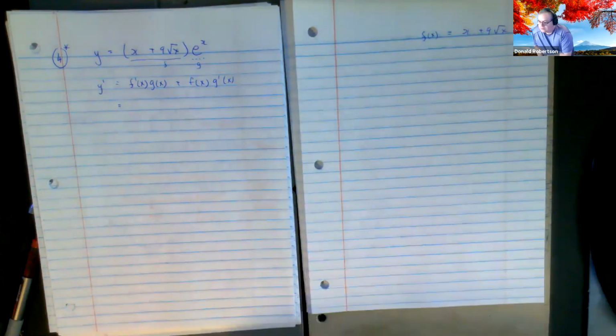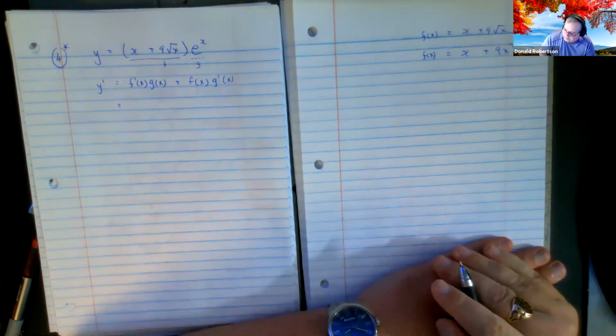I need to find the derivative of this guy, don't I? Now, you might have done enough that you can just do it in your head, but for those who are not there yet, won't you have to call this 9x to the half? Now I can differentiate. I get a 1, multiplied by the power, reduce the power by 1, okay?